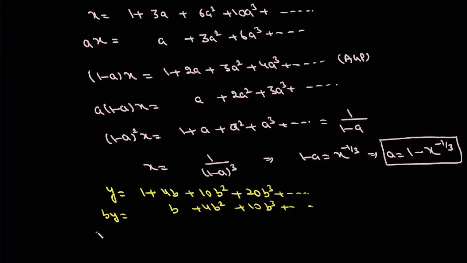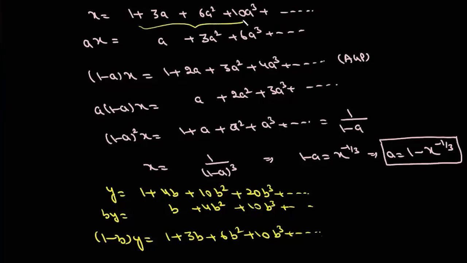So it will be 1 minus b times y, and this is 1 plus 3b plus 6b square plus 10b cube up to infinite. Now this series is the same as the first series, 1 plus 3a plus 6a square plus 10a cube, and we know that the answer to this series is 1 upon 1 minus a cube.